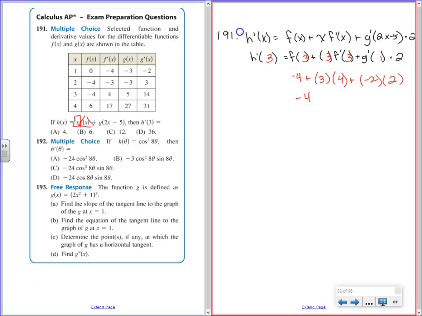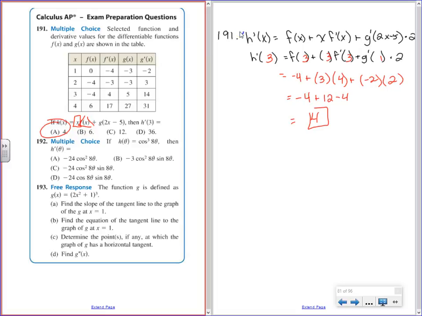Final answer: negative 4 plus 12 minus 4. That's going to end up being 12 minus 8, which is 4. Please be an answer, and let me circle it.